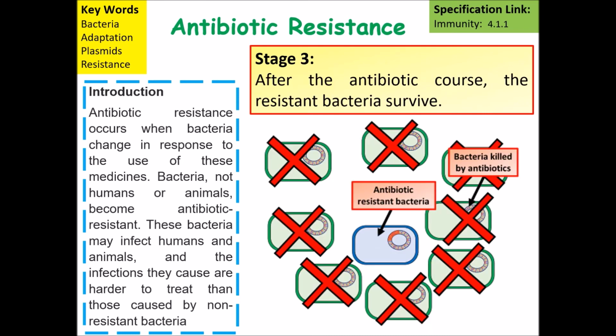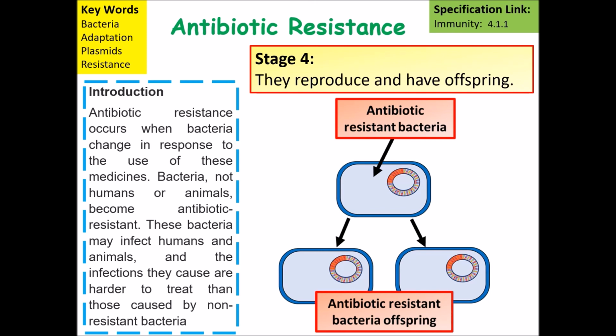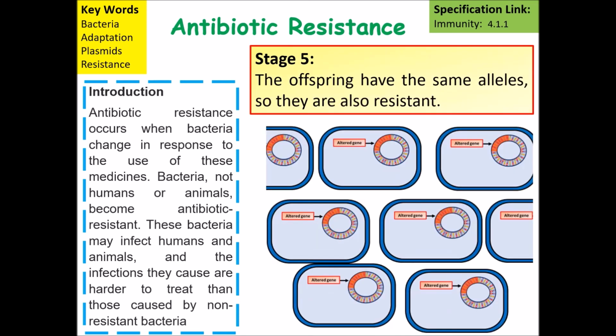After a course of antibiotics, the resistant bacteria survive. Because they've survived, there is no competition for resources, so they can reproduce. The offspring of this original bacteria all have the same alleles, so all have the same genetic material, so are all resistant to the antibiotic.